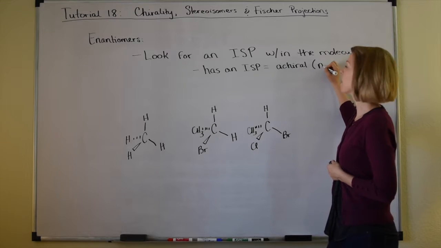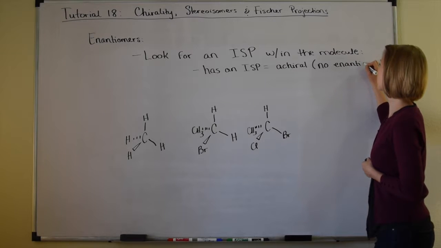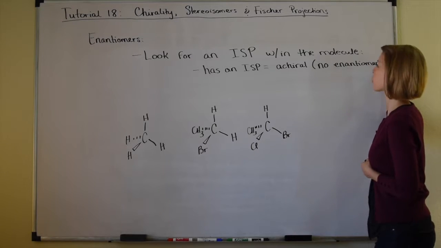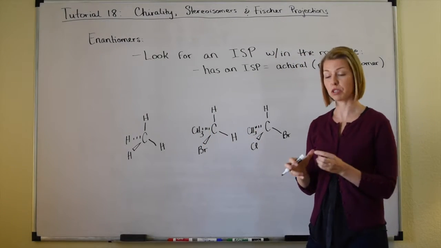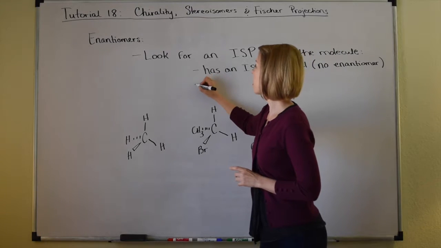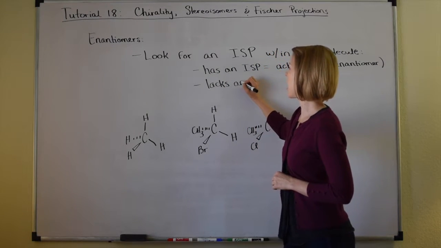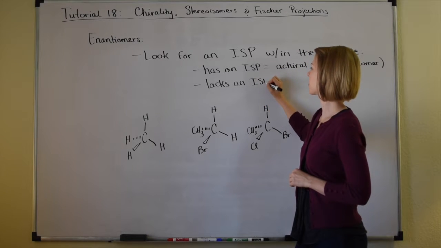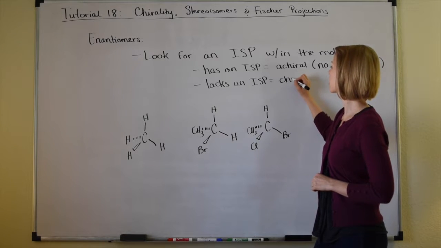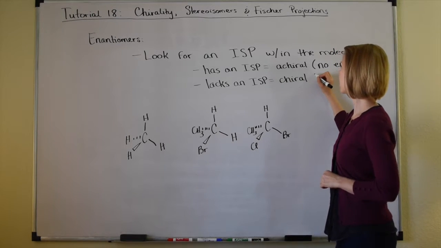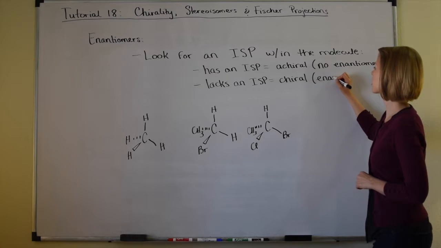It will not have an enantiomer. Its mirror image will be identical to it, not a non-superimposable mirror image form. If a molecule lacks an internal symmetry plane, that molecule is chiral. So it does exist as a pair of enantiomers.